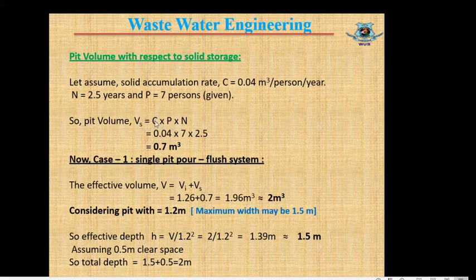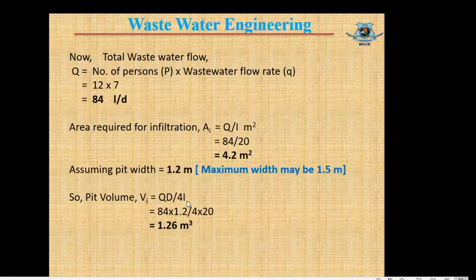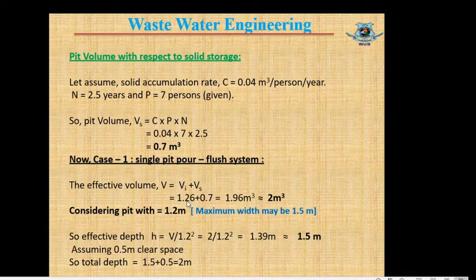Here C equal to 0.04 meter cube per person per year as stated in the 4th lecture, N equal to 2.5 years and P equal to 7 persons given in the question. So using this simple equation we can easily get the volume with respect to solid storage Vs equal to 0.7 meter cube.